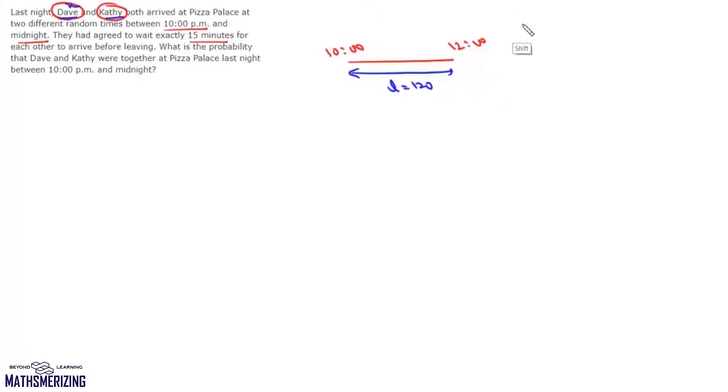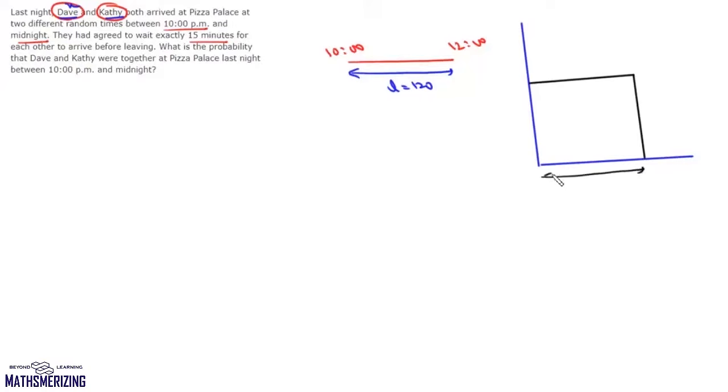Since we have two variables, we can represent this sample space as this square of length 120 units, represented by these variables x and y. Say x is for Dave and y is for Kathy.